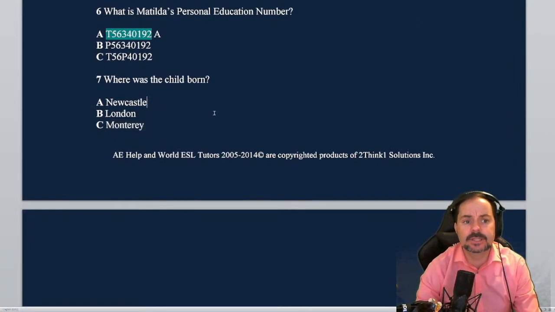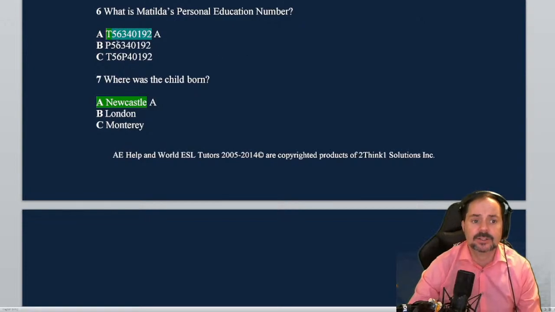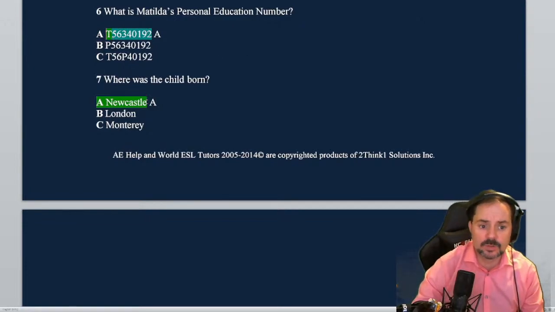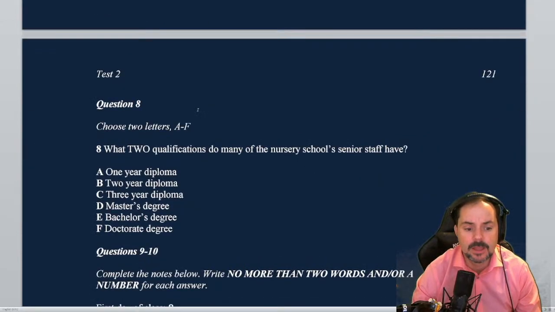And it's even related to question 6, where the woman says Tyne and Wear, I believe. So Newcastle, A. She says that the first letter in the education number, the T, denotes the location, Tyne and Wear, which is in Newcastle. Okay, so that is explained.